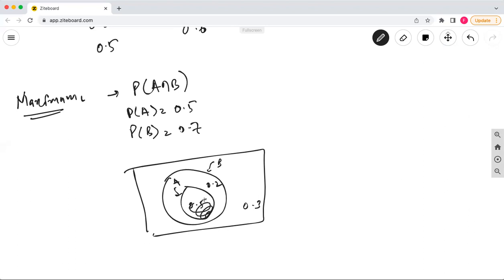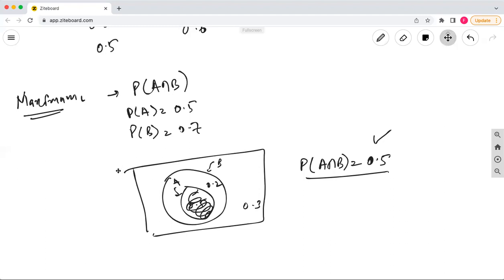So this is the maximum overlap, which is 0.5. So the maximum overlap between A and B that is possible is 0.5. This is the maximum case, right? Because probability of A is less than probability of B, in the maximum case you can put all of the values of A inside B. So that's the maximum overlap. You can't have a maximum overlap of 0.7. For that, you would need to add 0.2 to the first probability, right? This is for the maximum.